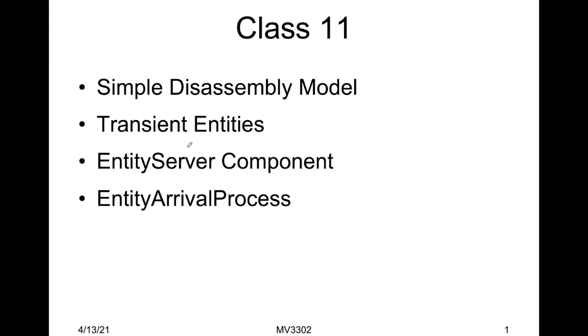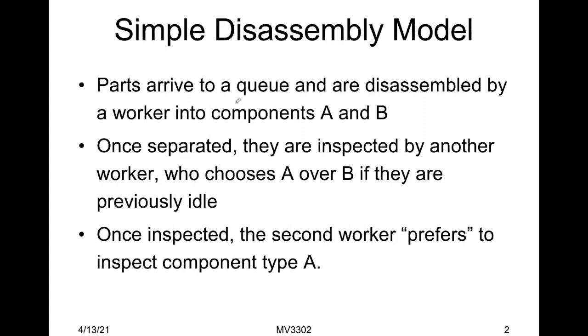As we said, our models up to now have not really captured the individual customers, but have just been counting things. And actually this disassembly model is also just going to be a count. So what's this one about? Well, the idea is that the parts are going to arrive to a queue, as we're familiar with. But now what does the service consist of? Well, the service is going to consist of first disassembling them.